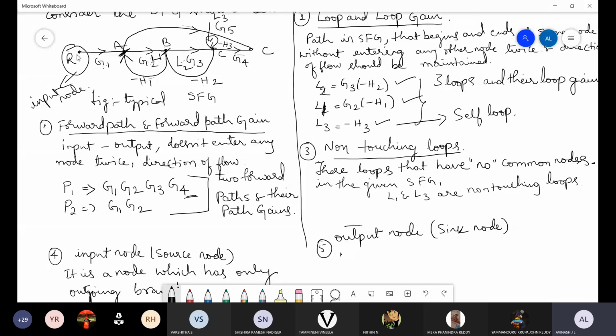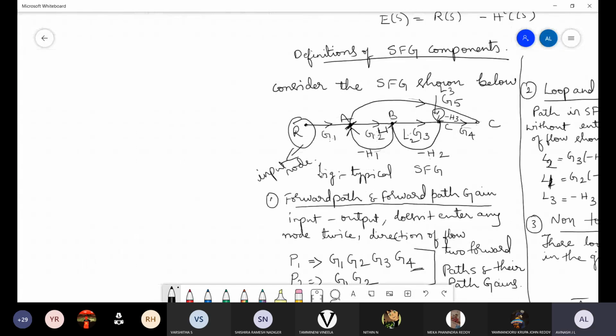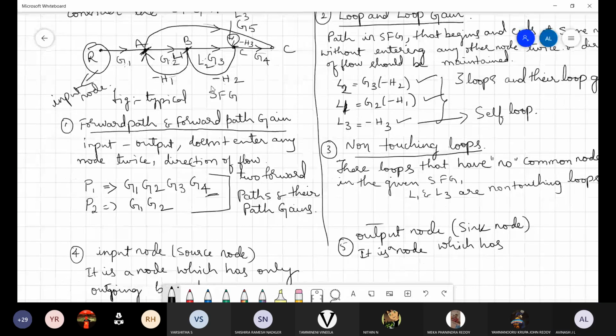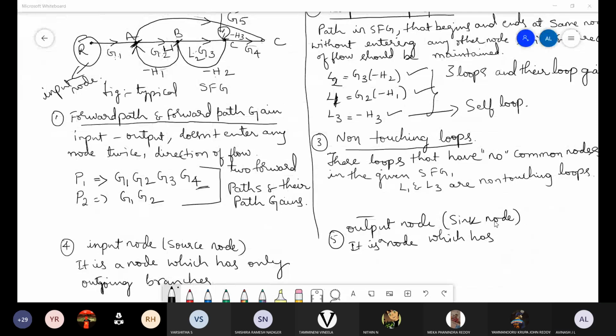Input node has only outgoing branches, whereas output node is a node which has only incoming branches. Clear?